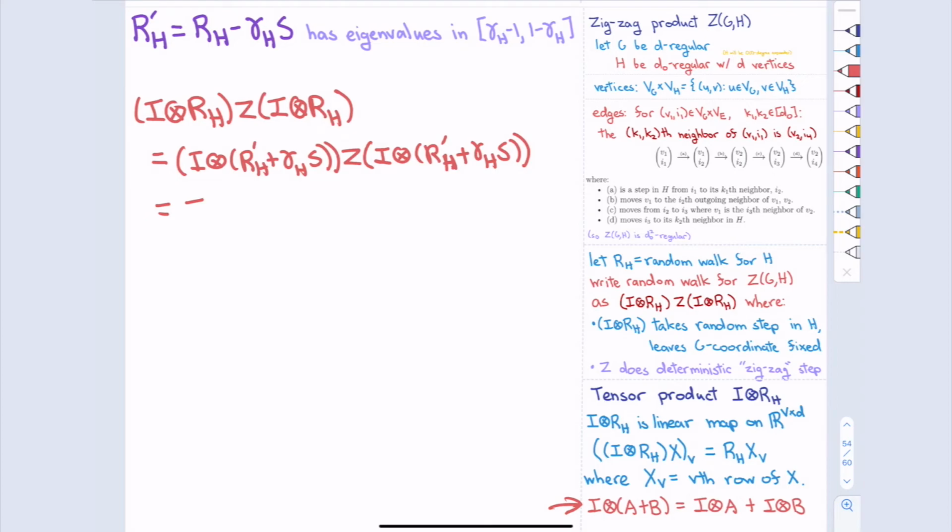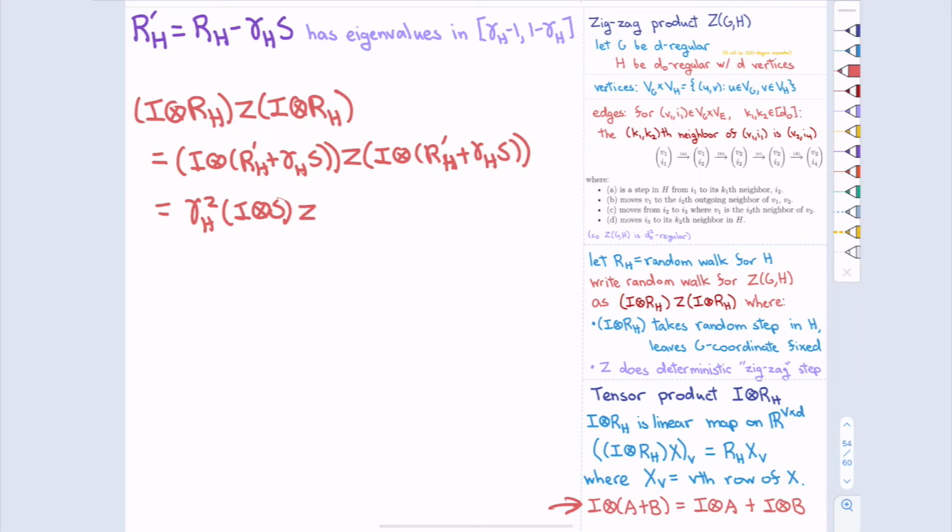All right. So let's see. I'll do it this way. I want to put the S's first. So we'll do gamma H squared, so you can also pull out scalars, I outer product S. That's one term. Another term is gamma, oh, I have to write out the full thing.